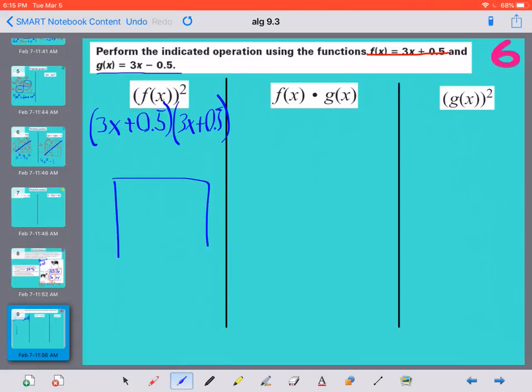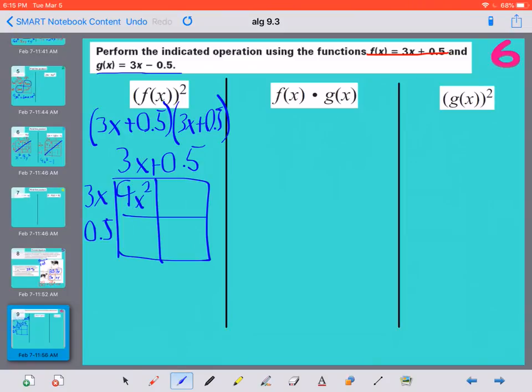So if we draw our box then, 3x, 0.5, 3x, 0.5. 3 times 3 is 9. X times x is x squared. 3x times 0.5, well, what's half of 3? That's 1.5x. 0.5 times 3x again is 1.5x.